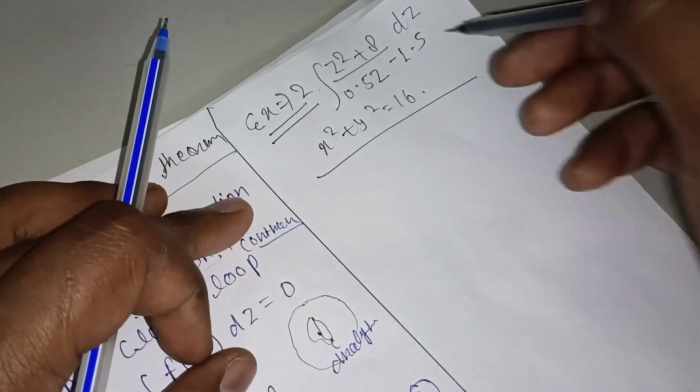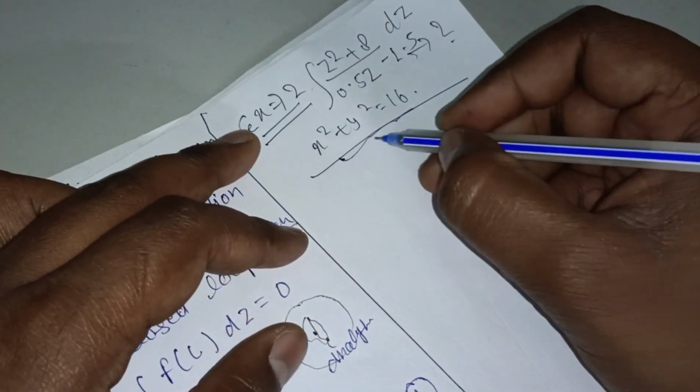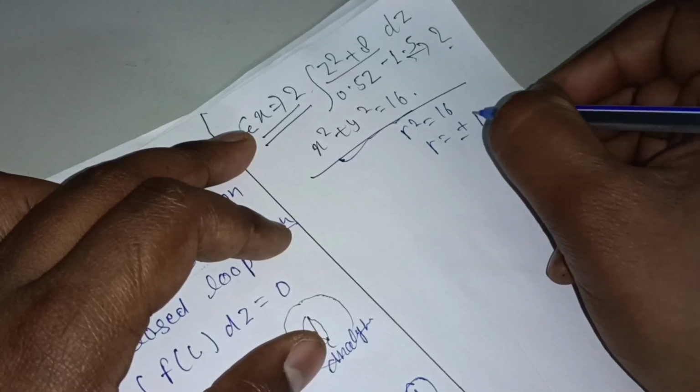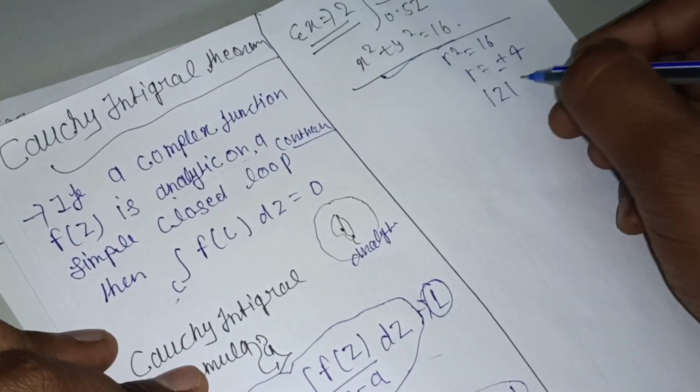We have to evaluate it this way. First of all, we have been given this, meaning r square is equal to 16, so r is equal to plus minus 4, meaning mod of z is equal to 4.